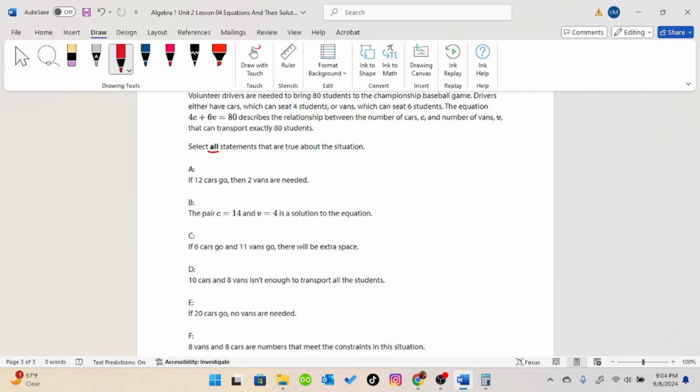Option A says if 12 cars go, then 2 vans are needed.